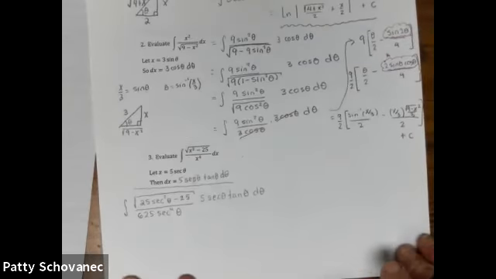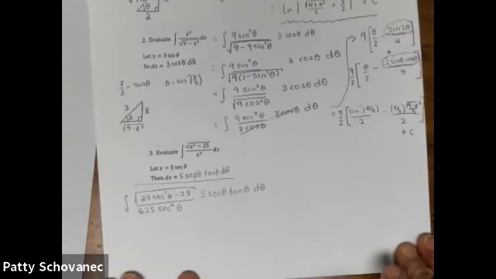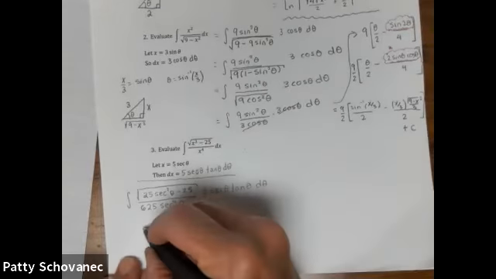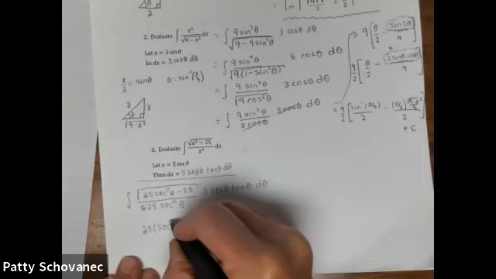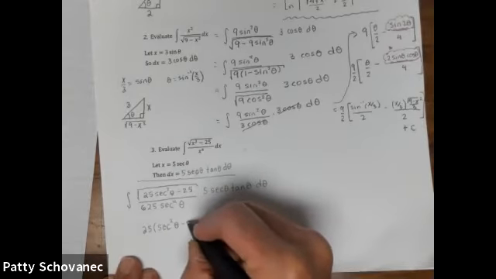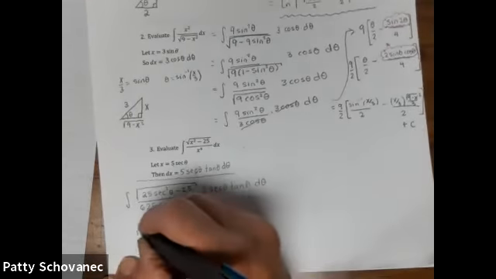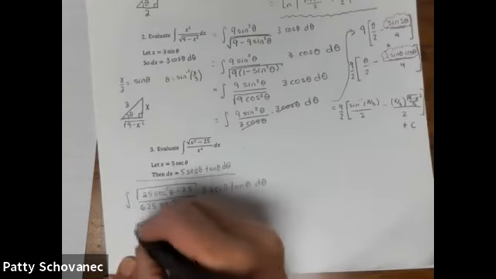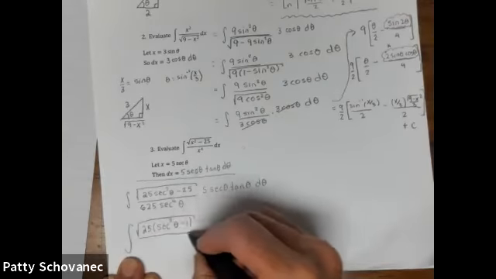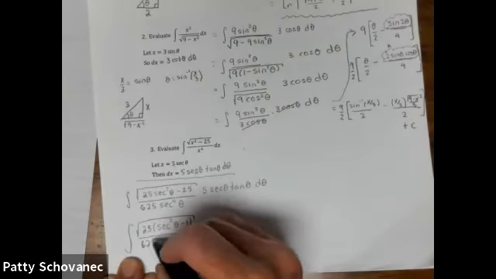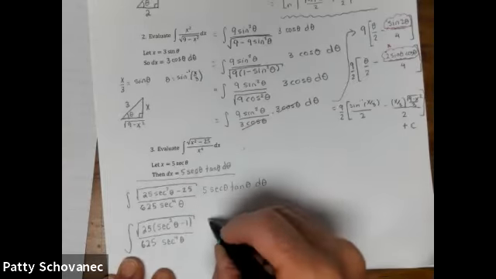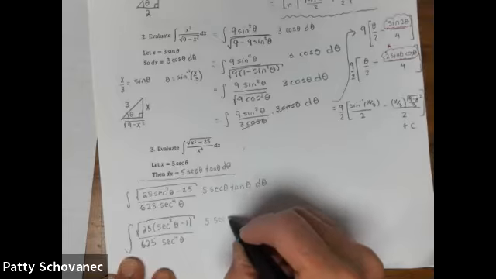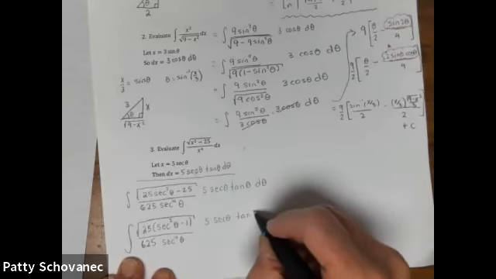Okay, so the main thing we're looking at now is the stuff under the radical sign. We've got the common factor of 25 that we're going to pull out. That leaves us with secant squared theta minus 1. Still have the 625 secant to the fourth on the bottom. And then the 5 secant theta tan theta on top.